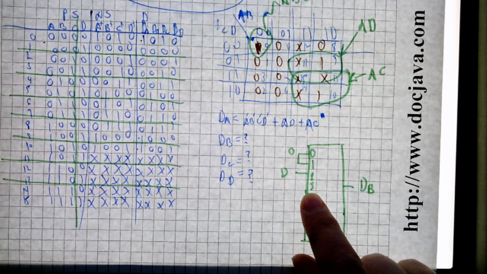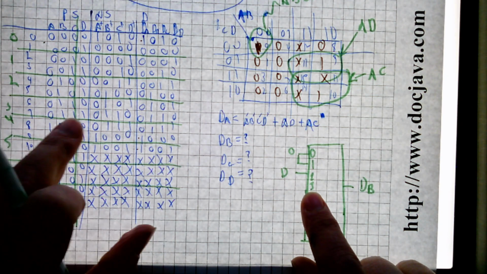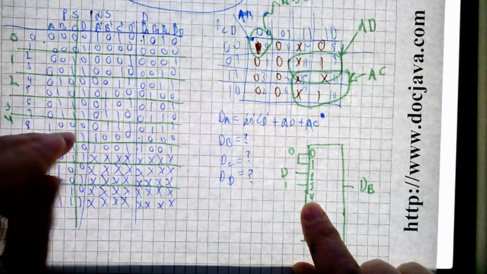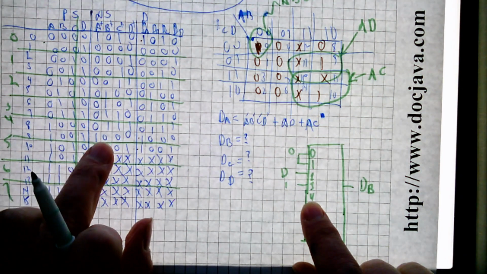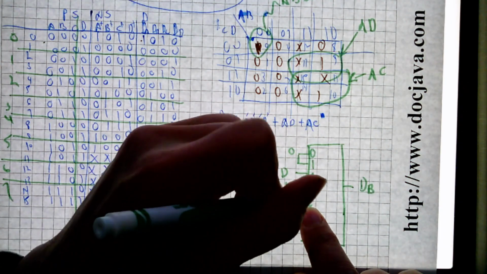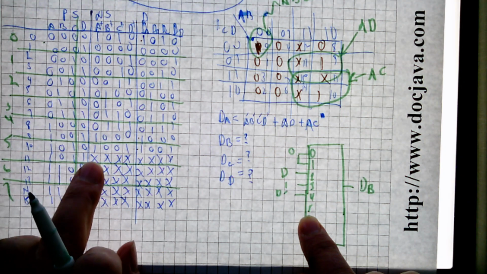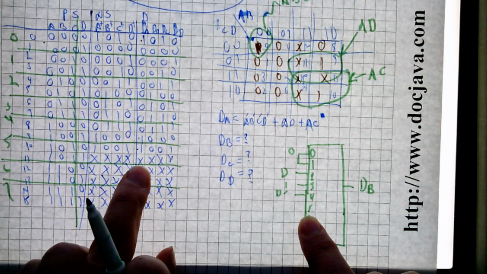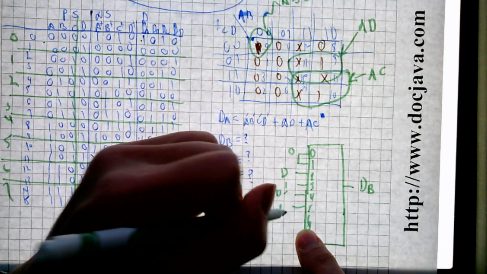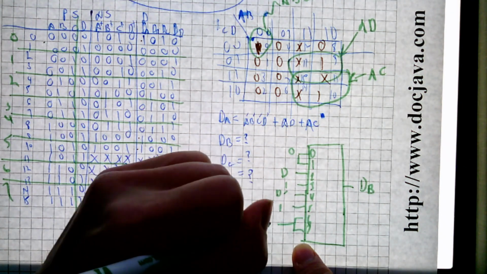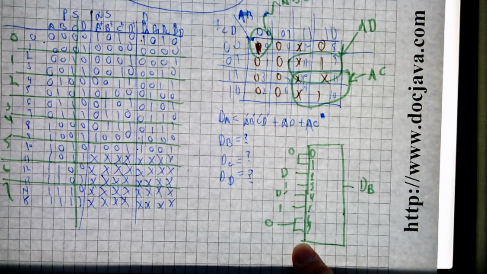Then this would be 0, 1, 2, 3, 4, 5, 6, 7. Input 3 would be equal to 1. Input 4 would be equal to d prime. Input 5 would be equal to 1. Input 6 is don't care, and 7 is don't care. Just make them 0. So it's easy.